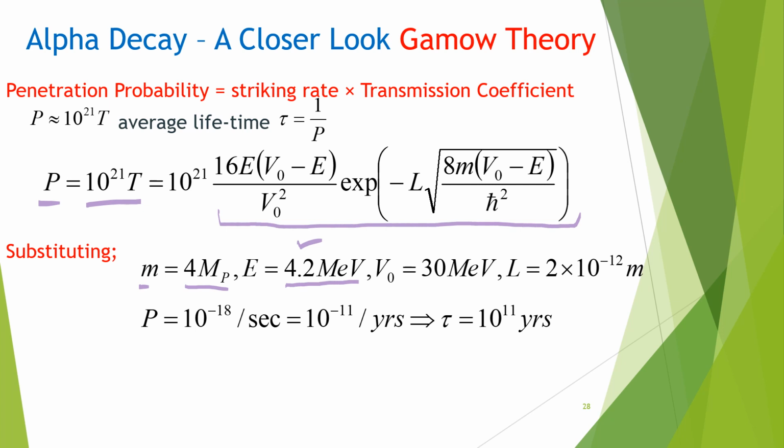The potential barrier that it is crossing, 30 mega electron volts, which classically we feel is impossible, but with quantum tunneling we are calculating things, and the barrier width we are considering 2 into 10 power minus 12 meters. So this offers us probability 10 to the power minus 18 per second, or we can write the average time, that is equal to 10 to the power 11 years.